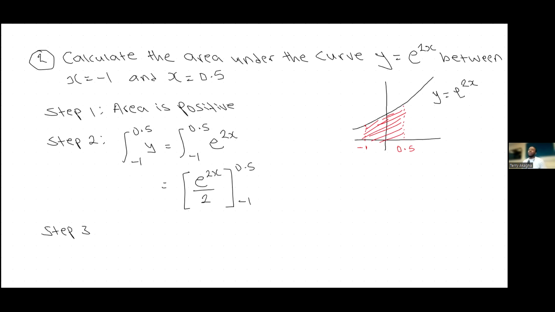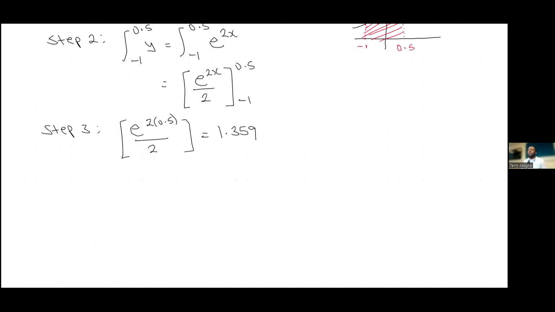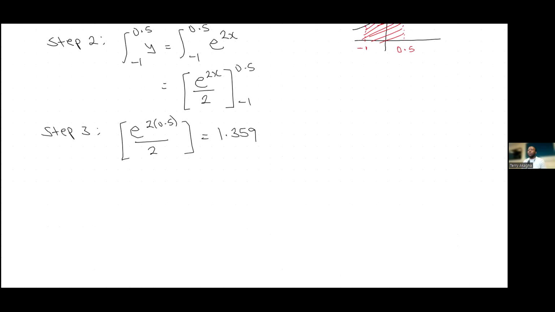So step 3, the next thing you have to do is substitute the upper limit. Anywhere you see x, you put 0.5, to give you exponential 2 times 0.5, divided by 2. When you press your calculator for that, it should give you 1.359. Then step 4, we do the same thing, but in this case we use minus 1.